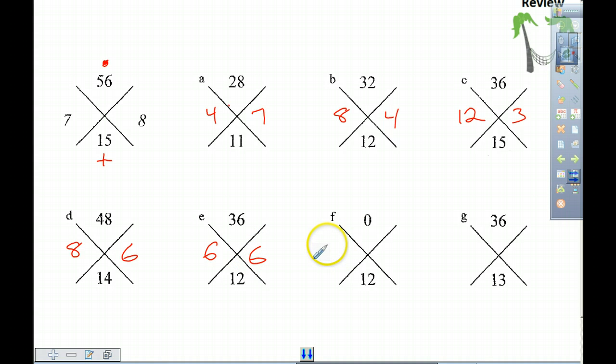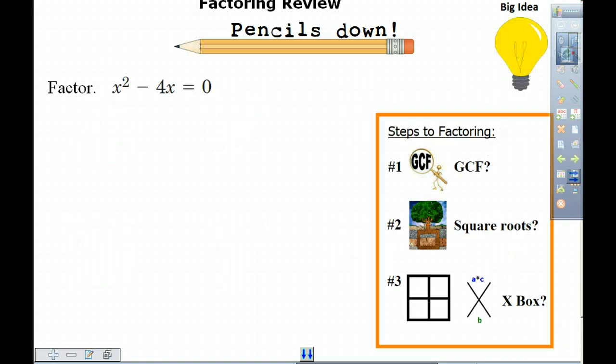F, 12 and 0. Good. G? Yeah, it's a good clue that if it multiplies to 0, one of the numbers has to be 0. Can there be negatives on these? Yeah, there can be negatives, and we'll have some that are negative.